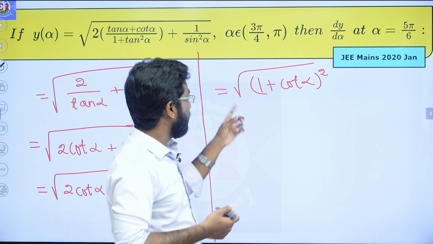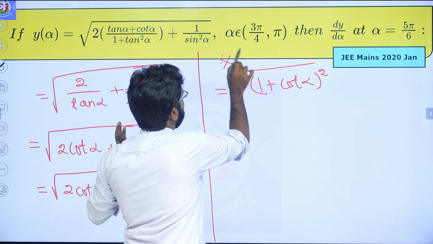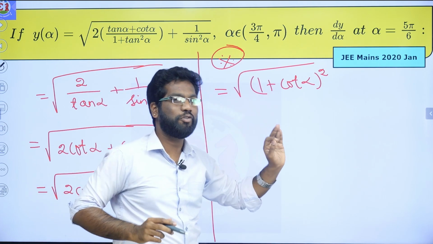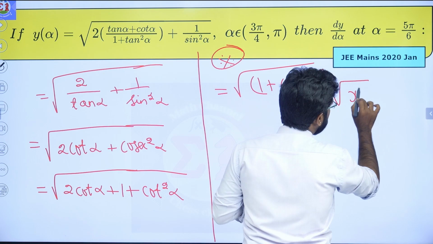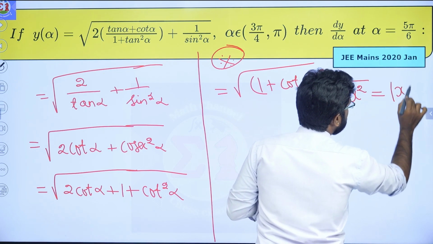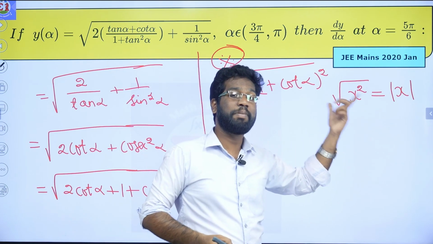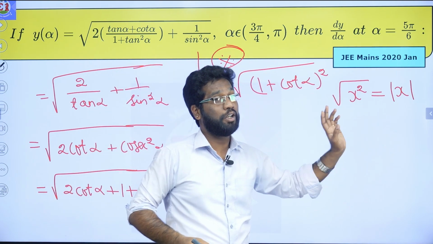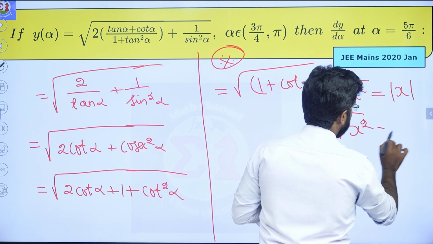Now in this part, so many students have made so many mistakes, my dear students. Everyone is making mistakes over here. Already I have taught you, square root of x square is equal to mod x. I have already uploaded one video. If you haven't watched, please go and watch it. Have a clear idea over here, because many students think square root of x square is equal to x.